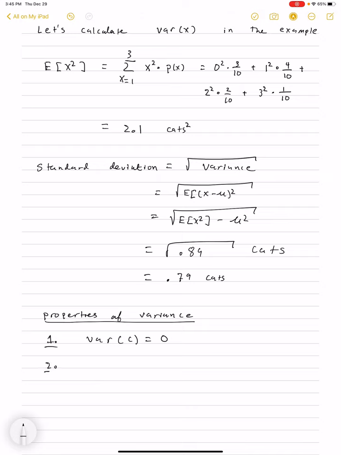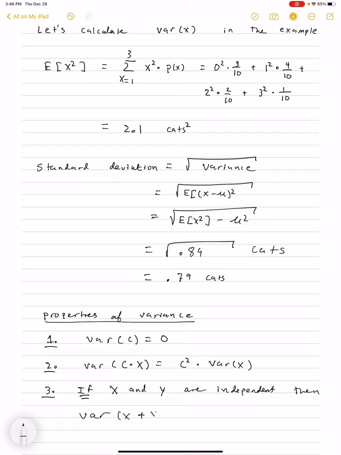Your second rule is that the variance of a constant times a random variable is that constant squared times the variance of that random variable. And your last one says if, that's a big if, x and y are independent, then the variance of x plus y is just the sum of the variances.